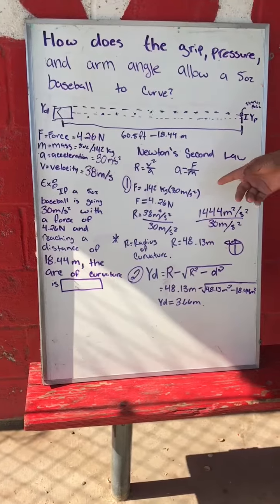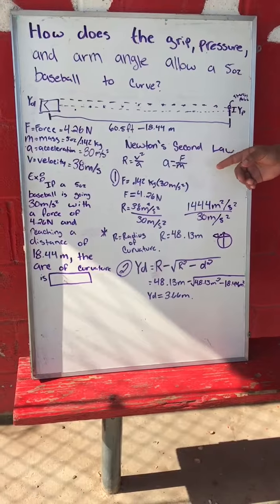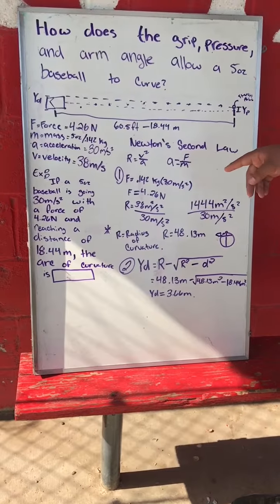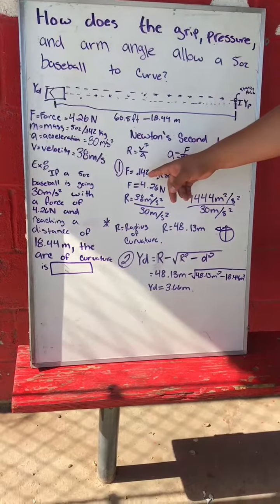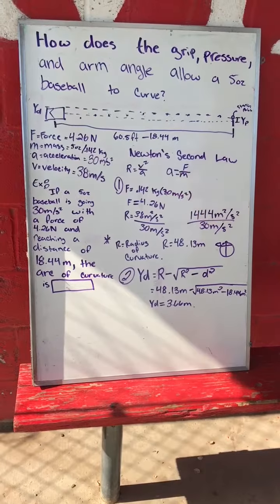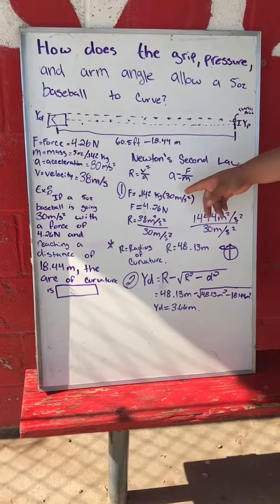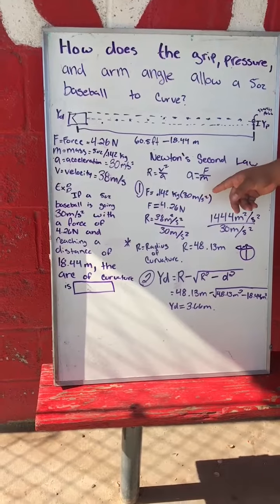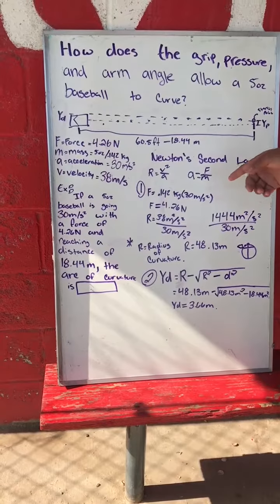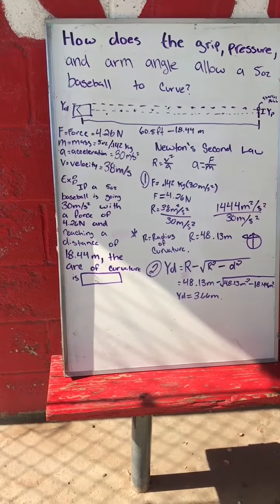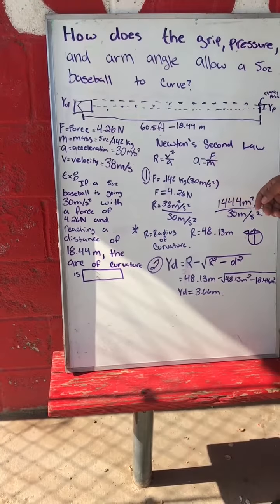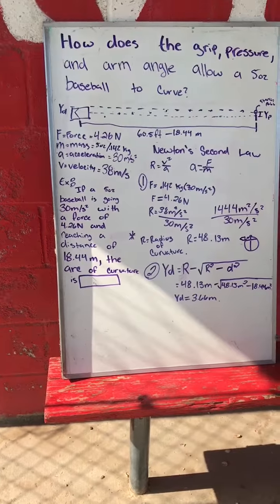Our acceleration being 30 meters per second squared, and our mass being 5 ounces, which we converted into kilograms, which is 0.142 kilograms. To solve for it, we multiplied 30 meters per second squared times 0.142 kilograms, which gave us the amount of 4.26 newtons, which is our force.